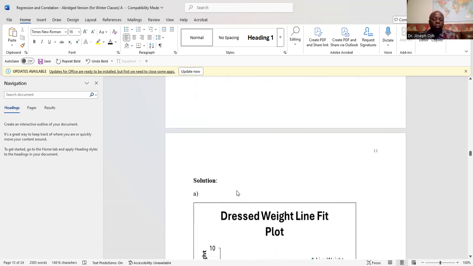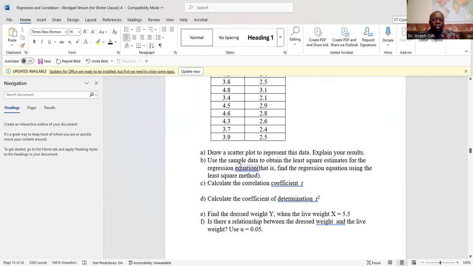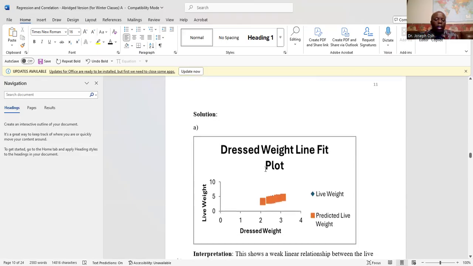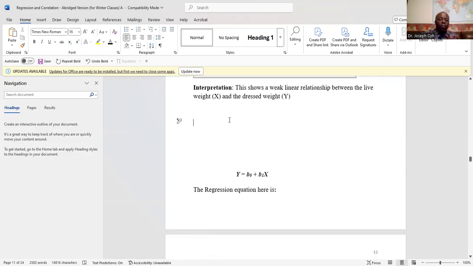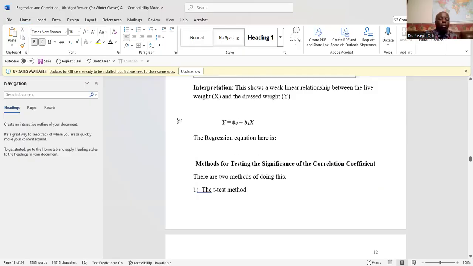The second question was to use the sample data to obtain the least squares estimate of the regression equation. Now, remember, the regression equation is written in this form: Y equals B0 plus B1X. That's part B. Where B0 is the intercept and B1 is the slope.